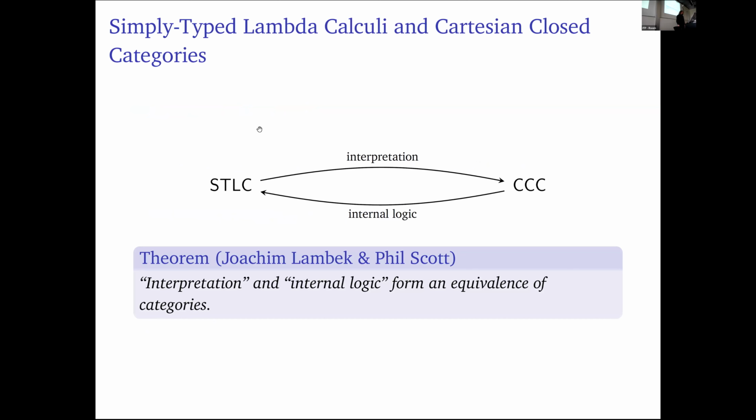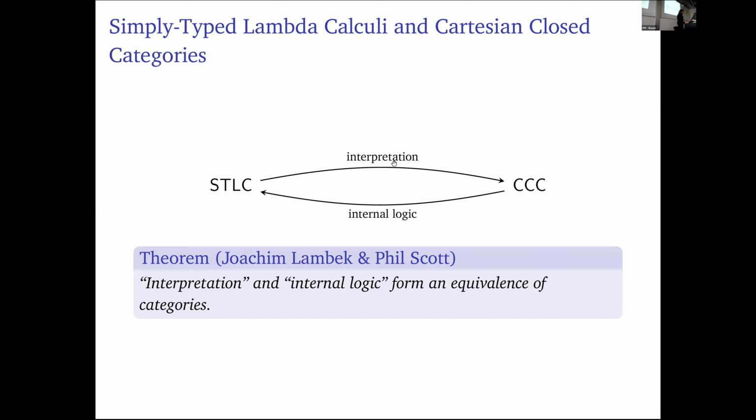So to give a brief overview of what we have done in this work, this is just motivation. Hopefully you have heard of this correspondence between, on the one hand, simply typed lambda calculi, and on the other hand, Cartesian closed categories. What is the connection? Well, we can consider a category of simply typed lambda calculi and a category of Cartesian closed categories.